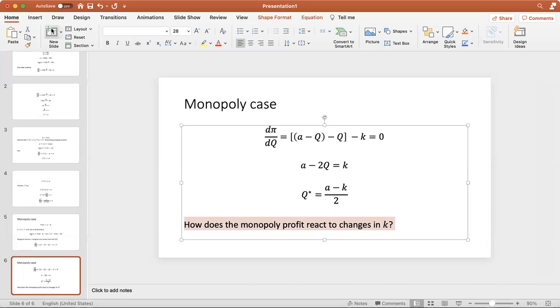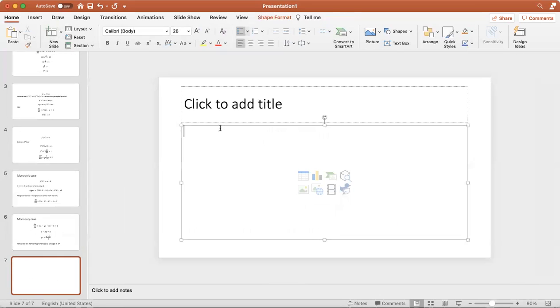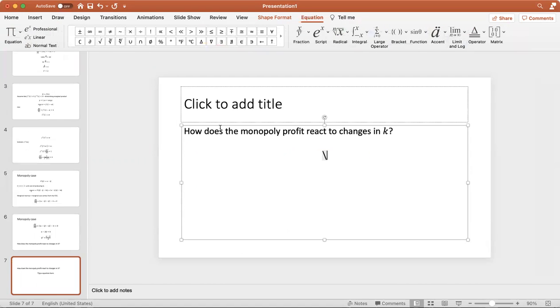Copy this question on the new slide. How does monopoly profit react to changes in K? It's simple. Just have to look back at the profit function and plug your optimal solution in the profit function.